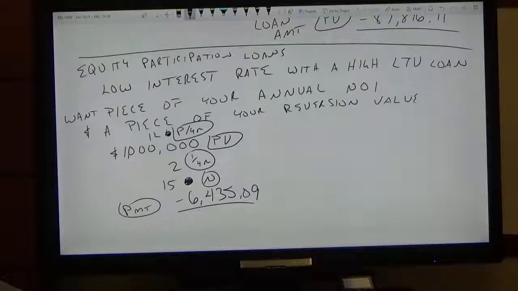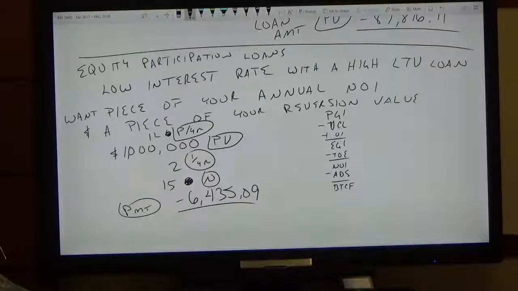Now, let's say that if we go over here and do all the stuff that we just talked about, potential gross income, subtracting out our vacancy and collection losses, adding in our other income, giving us EGI, subtract out operating expenses to give us net operating income, subtract out annual debt service to give us before tax cash flow.